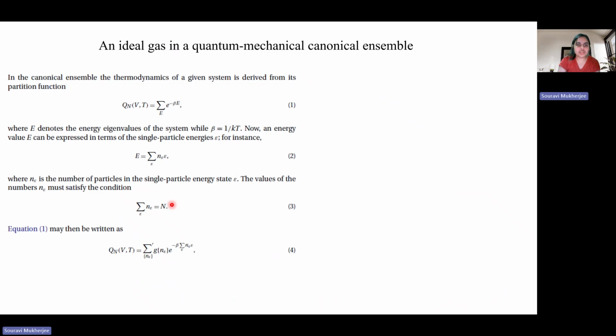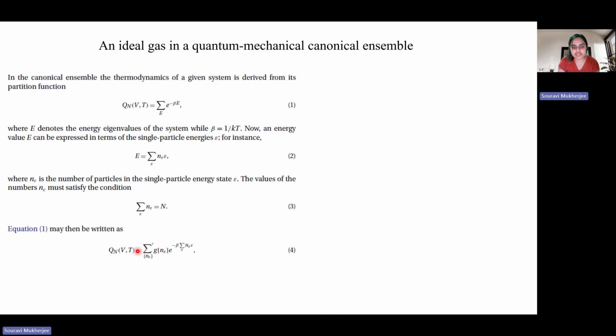Okay. So now what you can do is include the degeneracy, or the number distribution, as follows. You can write E, the total energy, as summation over epsilon of n epsilon into epsilon. And here, this is a summation over all the different energies, right?